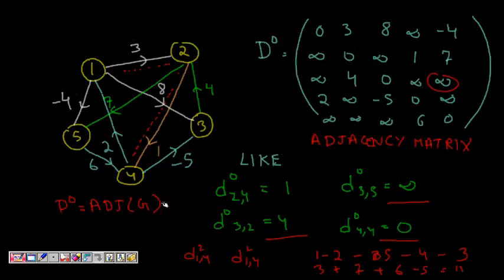So the shortest path has value -3 from 1 to 3. It can be like, see here, 1 to 5 is -4, plus 6, plus 2, -5, it is -3. So I am using a path 1 to 5, 5 to 4 and 4 to 3. So this is costing me just -3.